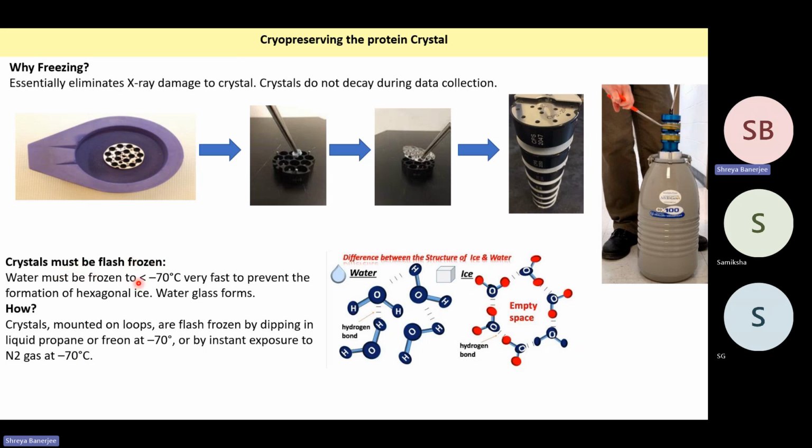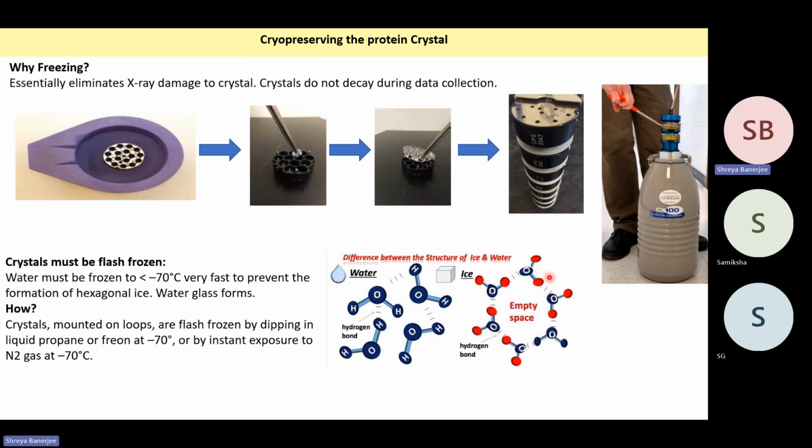Flash frozen means that very fast, rapid freezing to minus 70 degrees Celsius is done. And why does it have to be very rapid and very low temperature? Because if you just freeze at say minus 10 degrees Celsius and you do a slow freezing, the ice will form in this kind of a hexagonal orientation. You can see 6 water molecules attached by hydrogen bonds.